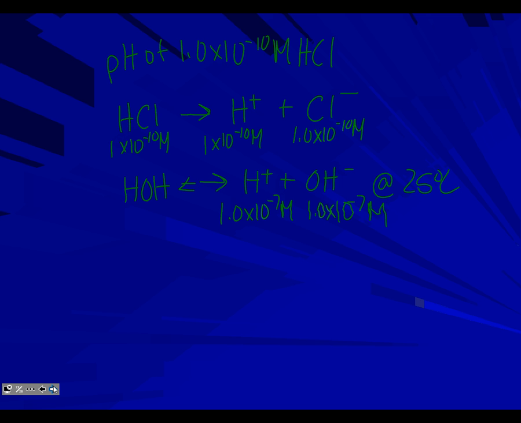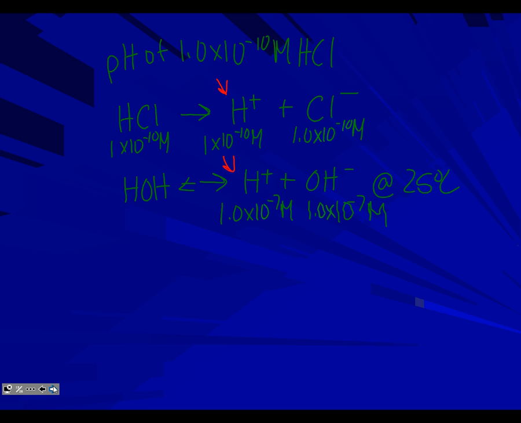Now we want to look at all of our species that are present, and we've got two places where we are producing hydrogen ions, both from the strong acid and from our water. And once again, we're looking for which is producing more, which one's got the bigger number.